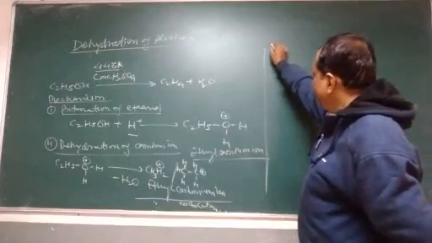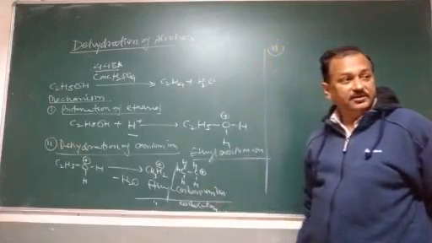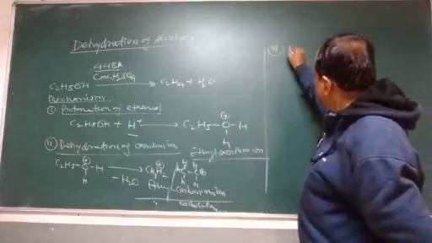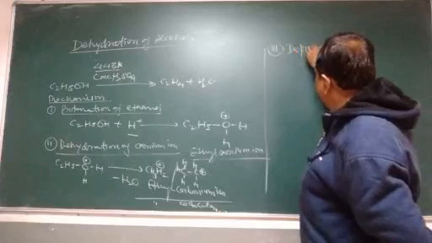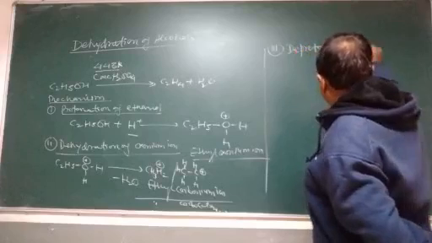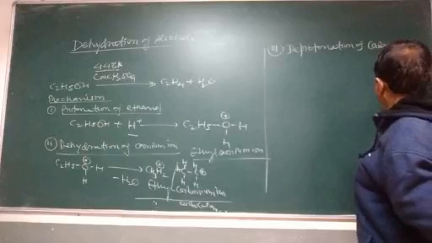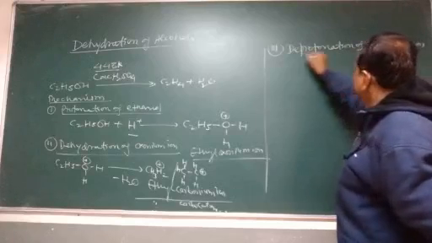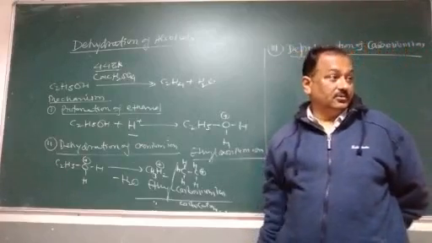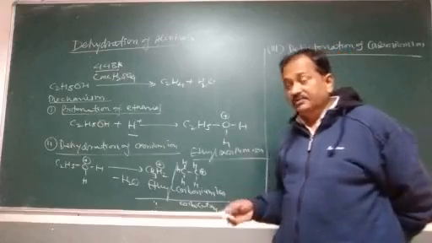Now this carbocation is also highly unstable. So it will undergo deprotonation. There will be deprotonation of the carbonium ion. Deprotonation means loss of a proton, loss of a hydrogen ion.